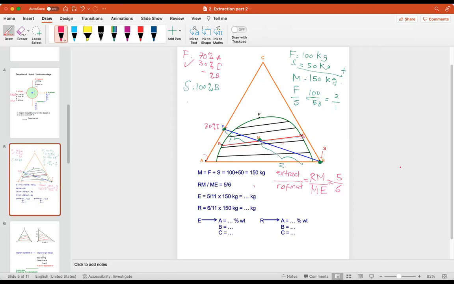In particular, what we want to see is usually the C, the solvent, and also B, the solute.